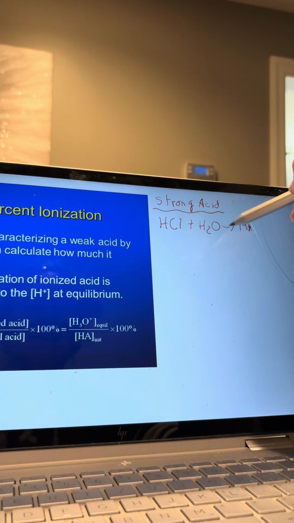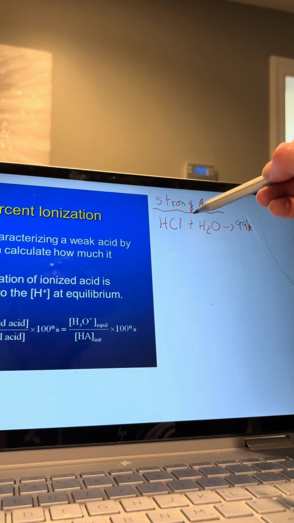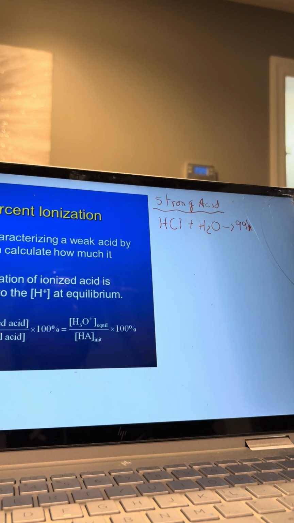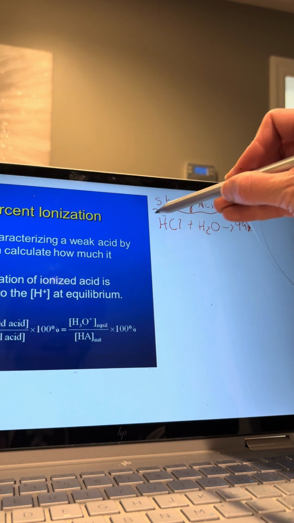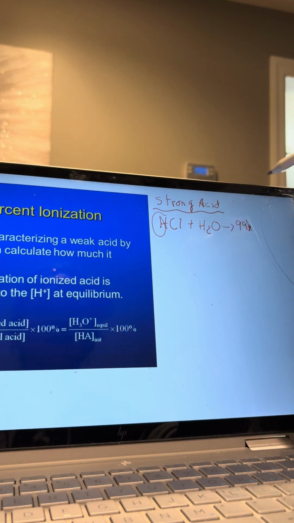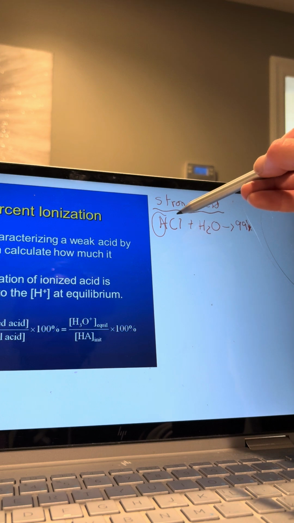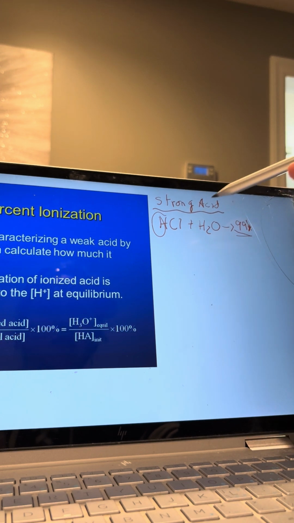Now, what that means is that although this reaction is in equilibrium, basically the forward reaction is always favored because the molecule has such a weak hold that 99% of it, if you find it in solution, is going to be this being pulled away and going to the water. So that would be an example of a very strong acid.